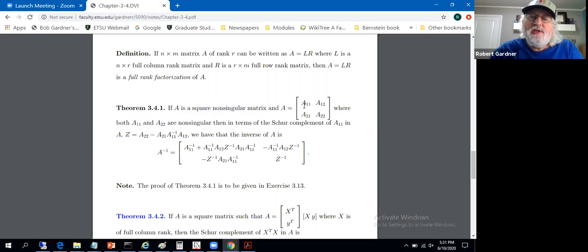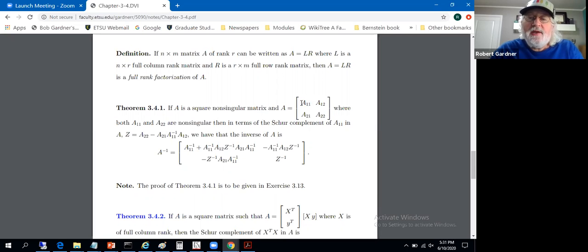And if A is partitioned, as we've been partitioning matrices as of late, A11, A12, A21, A22, where both A11 and A22 are non-singular. All right, that makes sense. A is non-singular with an idea towards rank. The rank of A must be the number of columns or the number of rows. Well, that means a linear independence of the rows here.